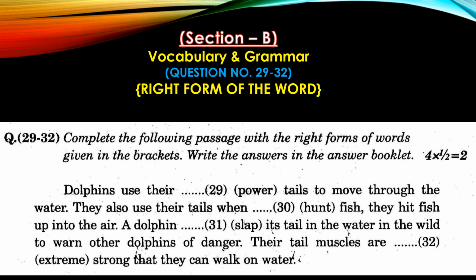Next, the 30th, the given word is hunt. For 31, it is slap. For 32, it is extreme. So, based on these root words, we have to find out the right form of the word we can write in these blanks to make a meaningful sentence and a meaningful paragraph.